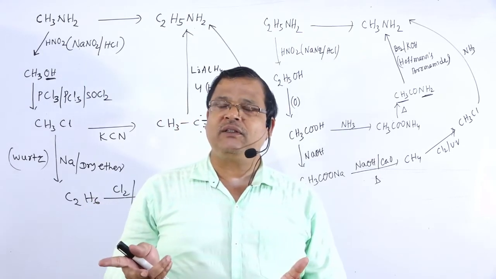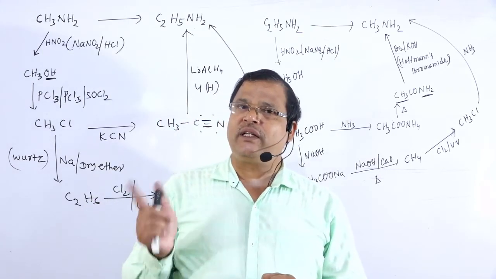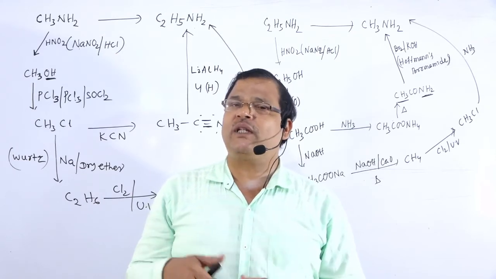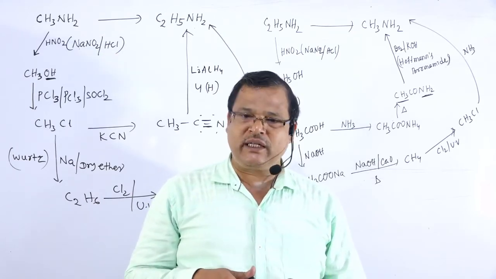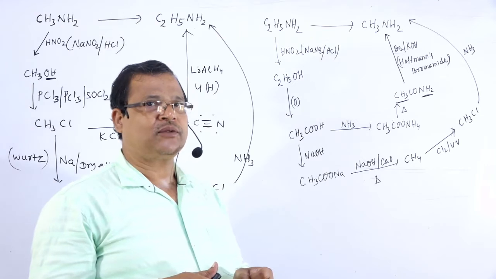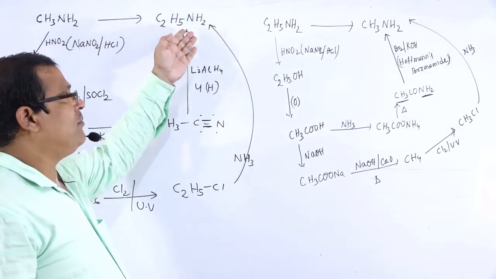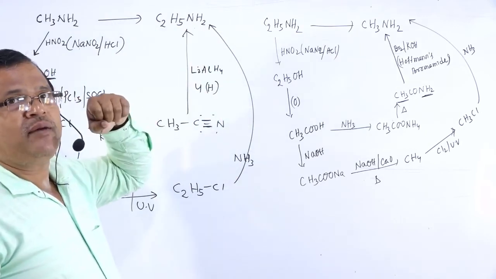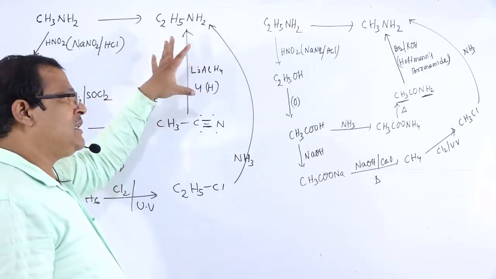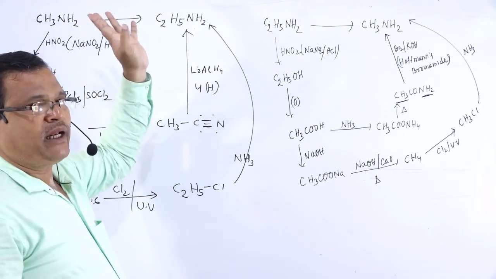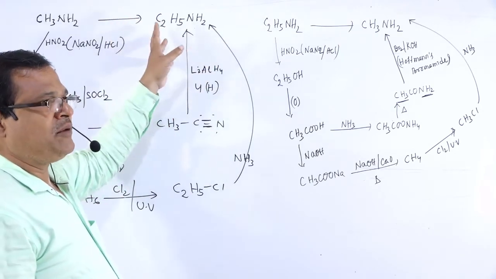Or it may be the Curtius reaction, or you can take the Schmidt reaction to decrease the number of carbon atoms. This is how methylamine is converted into ethylamine and ethylamine into methylamine; separately we will discuss this with many examples. I have only given this example.